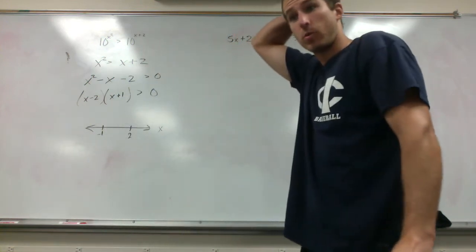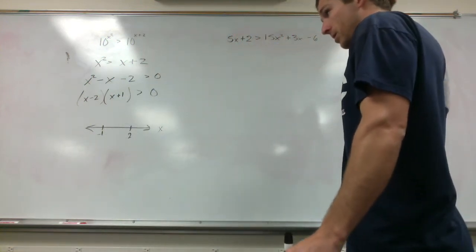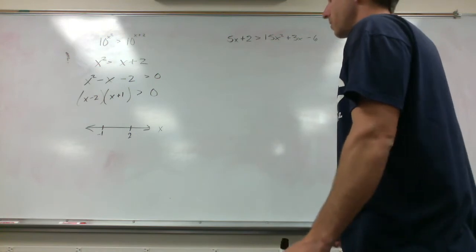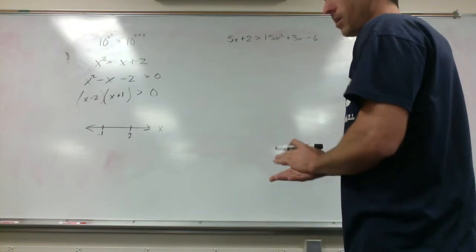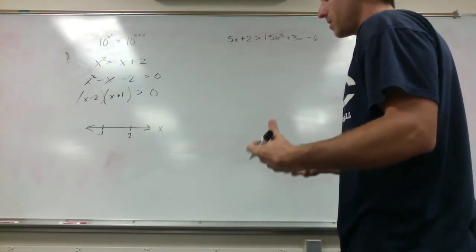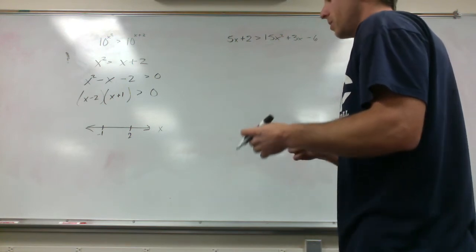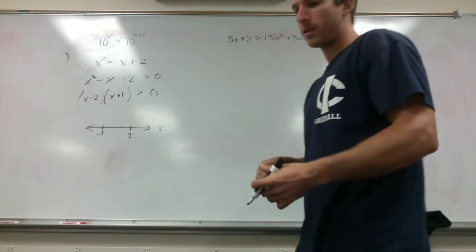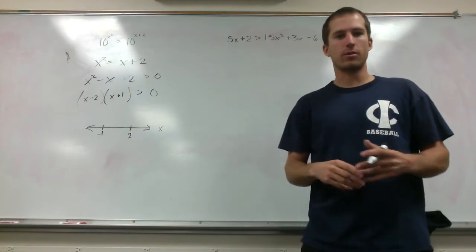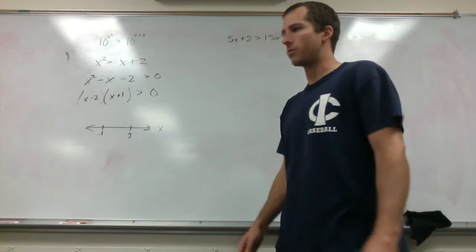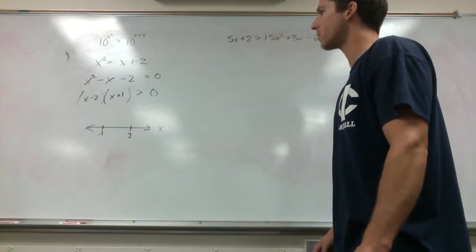And then I can test points on these intervals to see if that product would in fact be greater than 0. The way I like to do this is I like to think, is my factor positive or is my factor negative? Because if I know how many factors are positive and negative, I can figure out whether the product would be positive or negative.